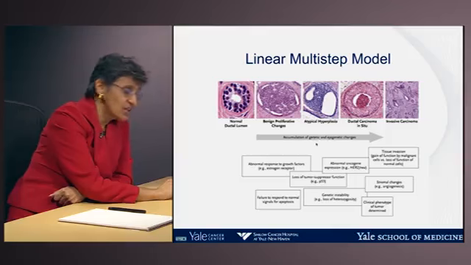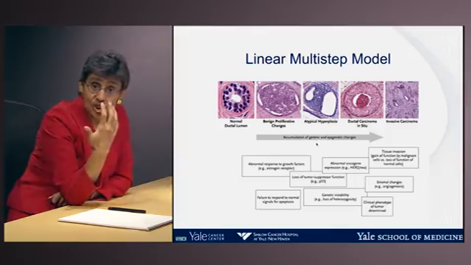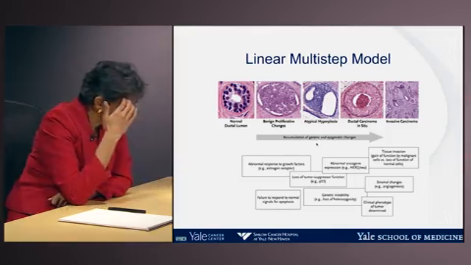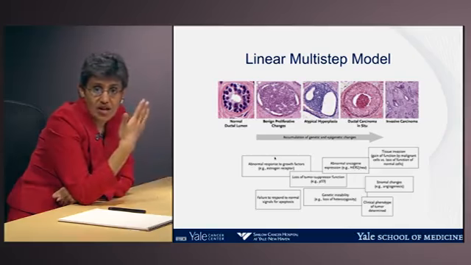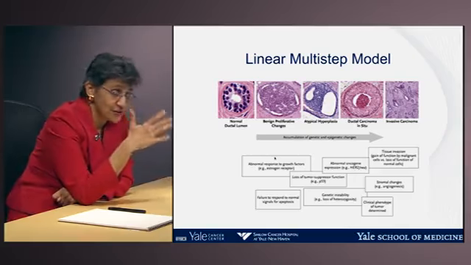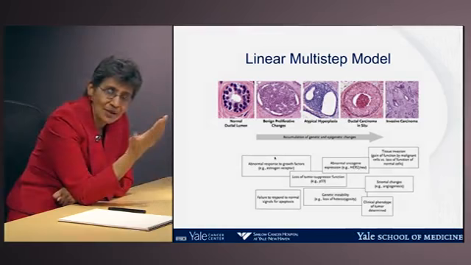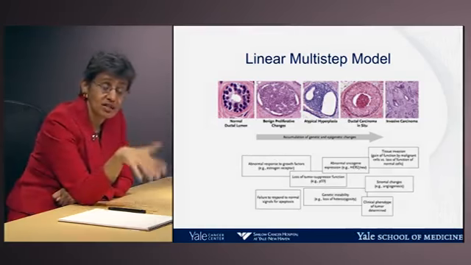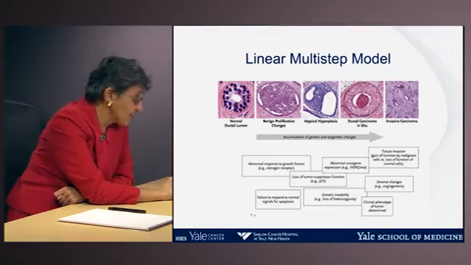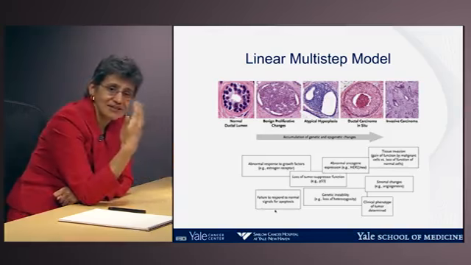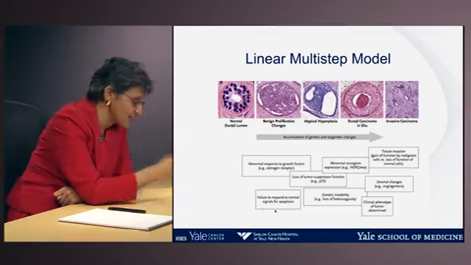Well, it's really an accumulation of genetic and epigenetic changes. Initially, it might just be an abnormal response to growth factors, things like estrogen receptor. And we talked a lot about estrogen when we talked about risk and prevention. Then there's failure to respond to normal cell death signals, or apoptotic signals.